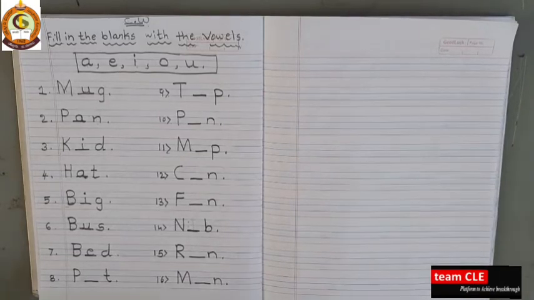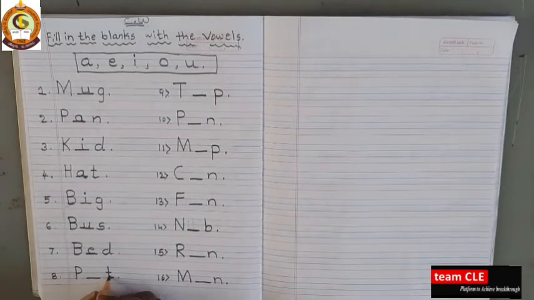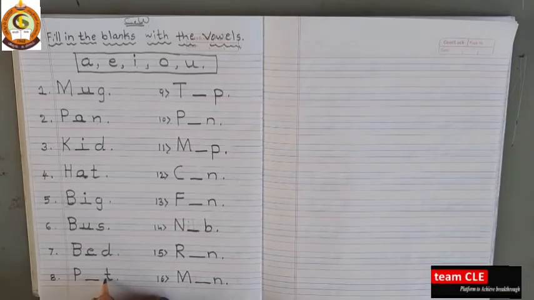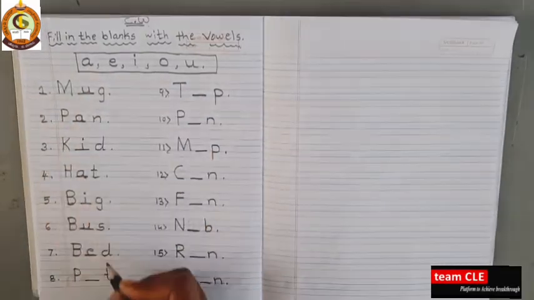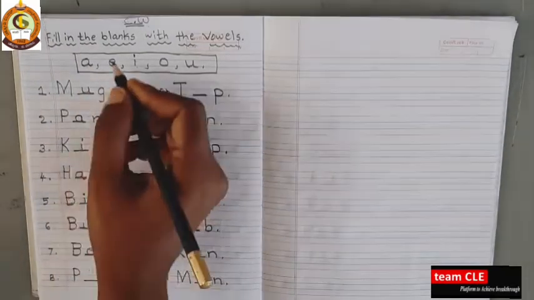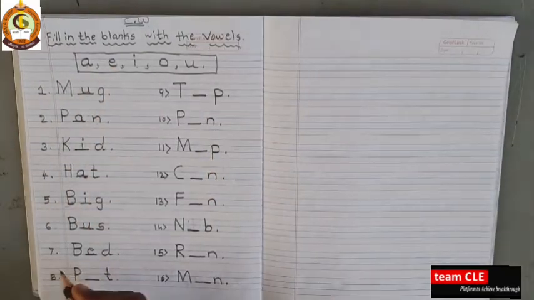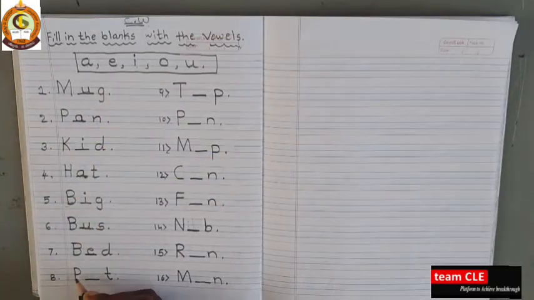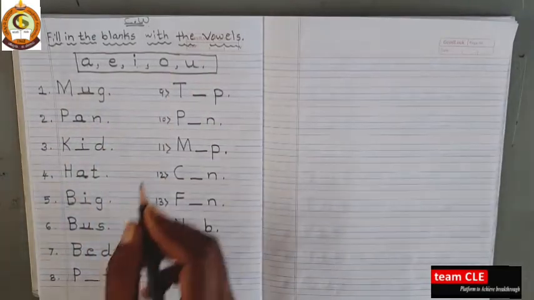Okay, next, P-T. P-A-T, pat. P-E-T, pet. P-I-T, pit. P-O-T, pot. P-U-T, put.